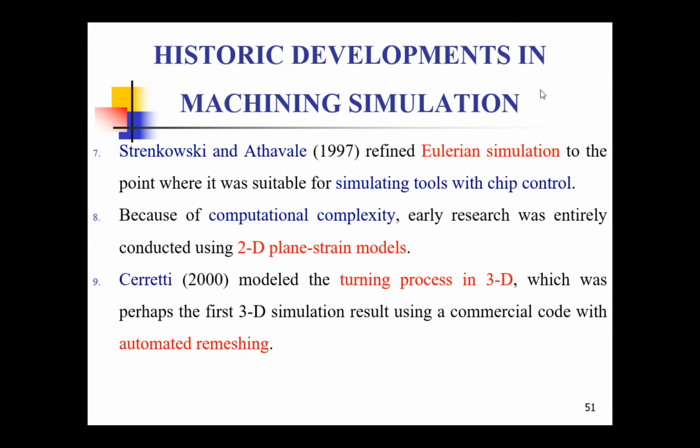But in the year 2000, Corrective modeled the first three-dimensional turning process with automated remeshing. So he developed the first automated remeshing three-dimensional model for simulating the machining process. It is in the year 2000 that we first received 3D models.